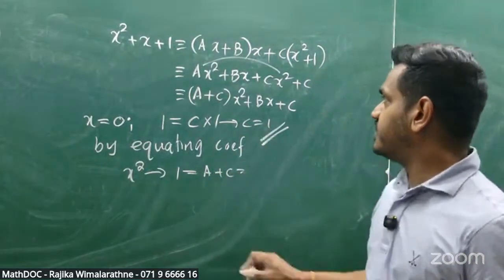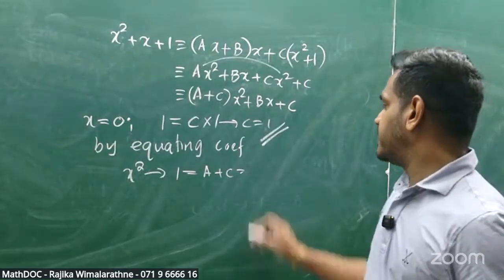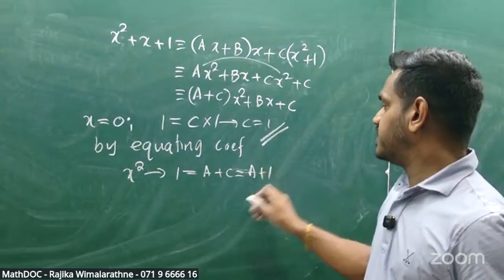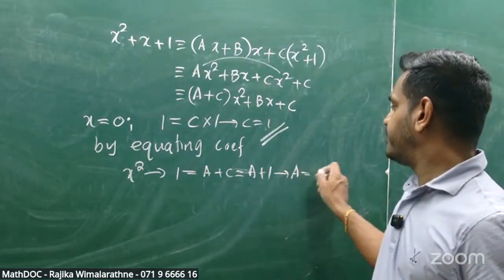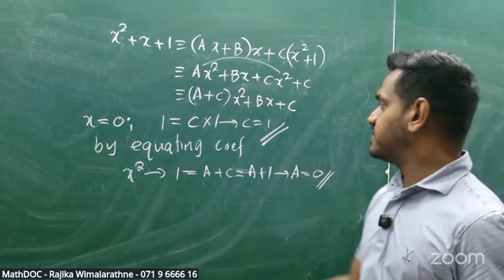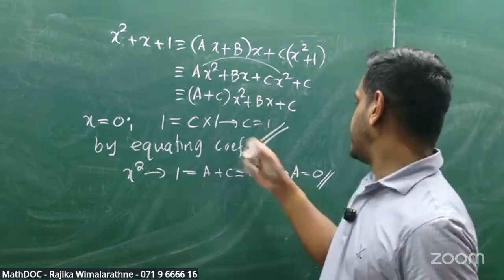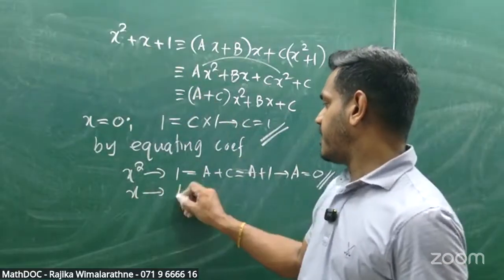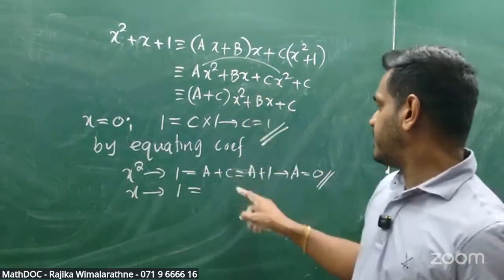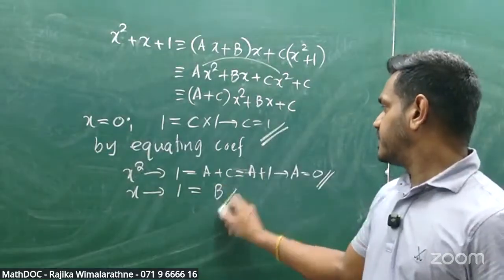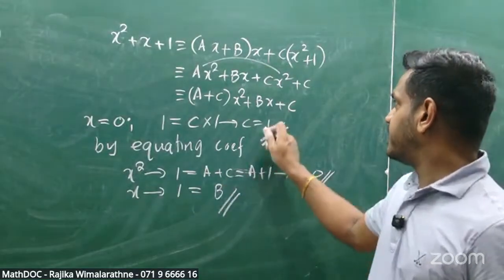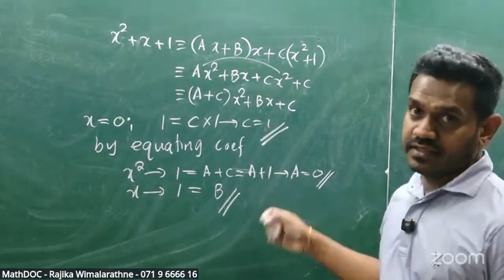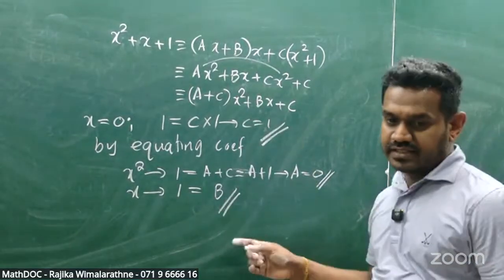Since c equals 1, 1 equals a plus 1, so a is 0. Now we know the c value and a value, so equate the x coefficient: here 1, and there we have only b. So a is 0, b is 1, c is 1. That's how we get it. Okay, do that example.